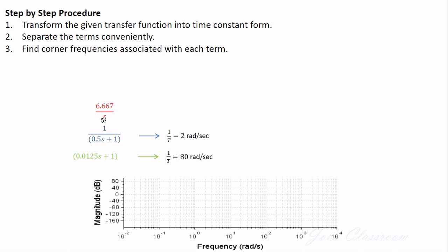The corner frequency is not applicable. For this term, the corner frequency is 1 by 0.5, which is equal to 2. And here the corner frequency is 1 by 0.0125, that is equal to 80 radians per second.